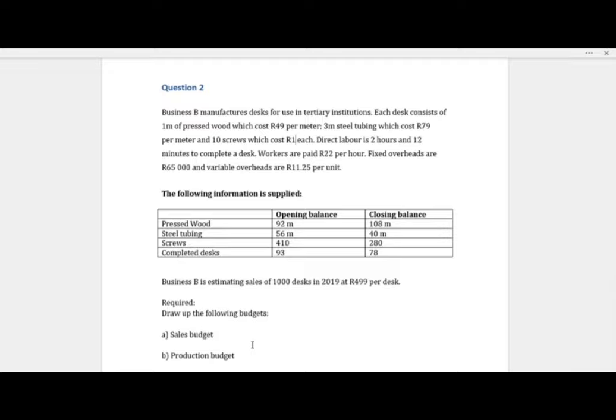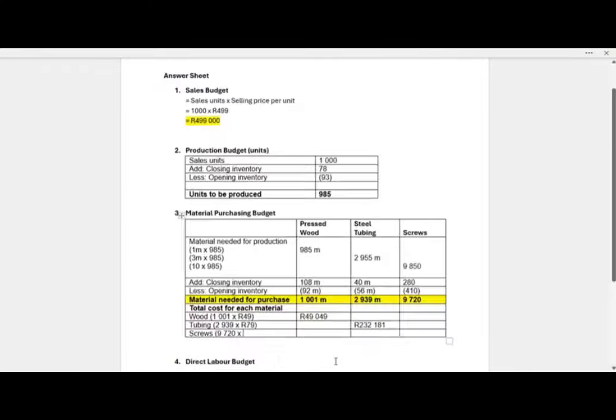They say 10 screws which cost 1 rand each, so I'm going to multiply by 1 rand there, and I'm going to get 9,720 again. That is the total price for each material.